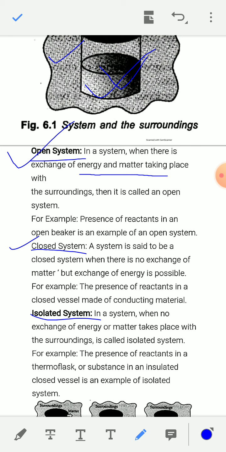For example, the presence of reactants in an open beaker is an example of an open system, or a cup of warm tea is an example of an open system.